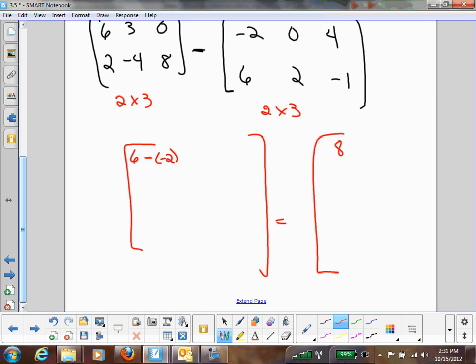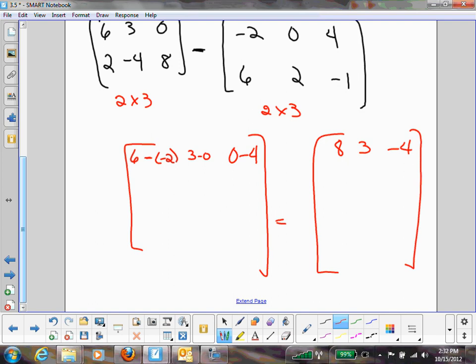Okay? Then I'm going to go 3 minus 0, which is, and what is that, a 0? 0 minus 4, which is negative 4. When you do your answer matrix, you've got to have those little hooky things around them. Okay? All right, the next one.